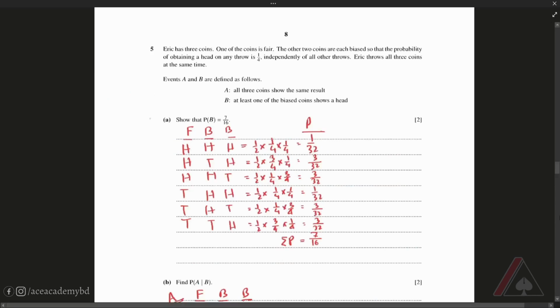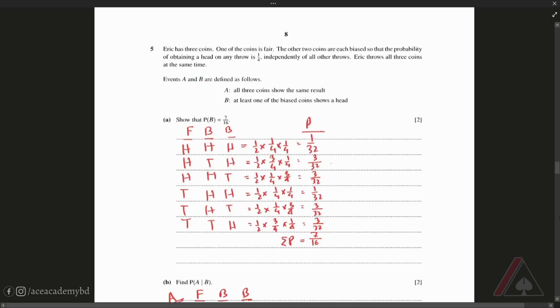Now the next question here is question number 5. Eric has 3 coins. One of the coins is fair. The other 2 coins are each biased, so that the probability of obtaining a head on any throw is 1 out of 4, independently of all throws.